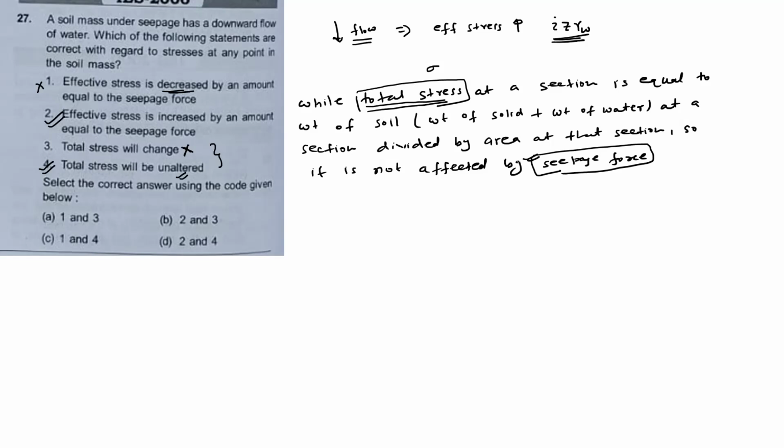And if there is downward flow, then it will increase by an amount of seepage force, that is i into z gamma w. And the second point is that seepage force acts in the direction of flow.